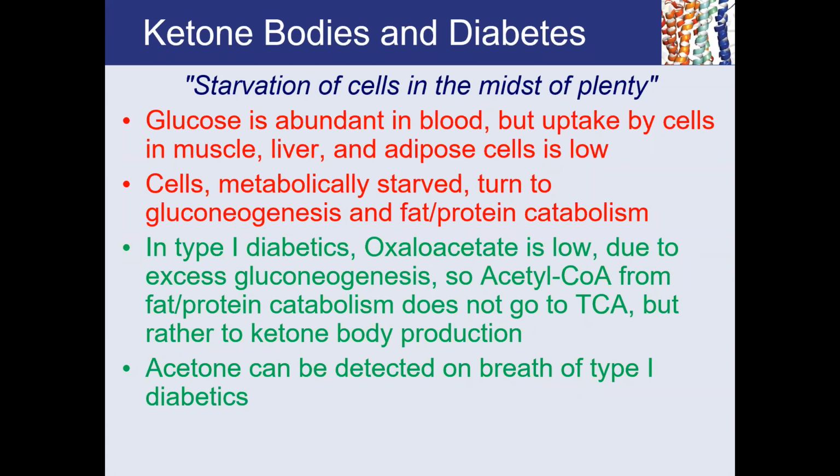Okay, so when you do produce ketone bodies, one of the ketone bodies is acetone. And in earlier days, when the technology was not all that great and detection of diabetic patients was not readily available, old time doctors would just smell the breath of a person and figure out that this person is diabetic.